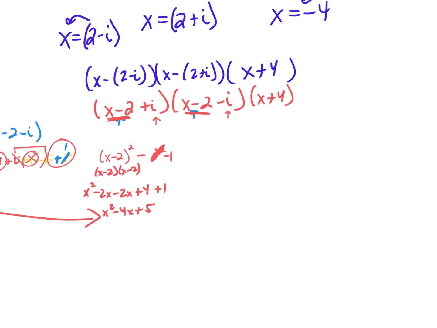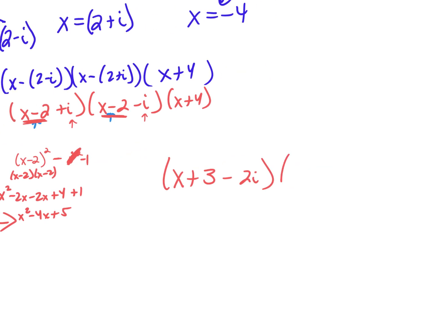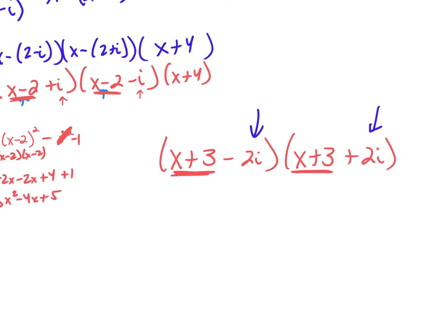Like just say you had x plus 3 minus 2i and x plus 3 plus 2i. Do you see how this is the same as this, and this is the same as this? So our shortcut would be what? x plus 3 squared minus what? 2i squared.